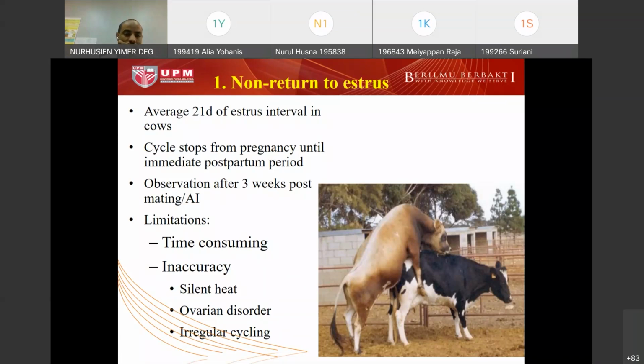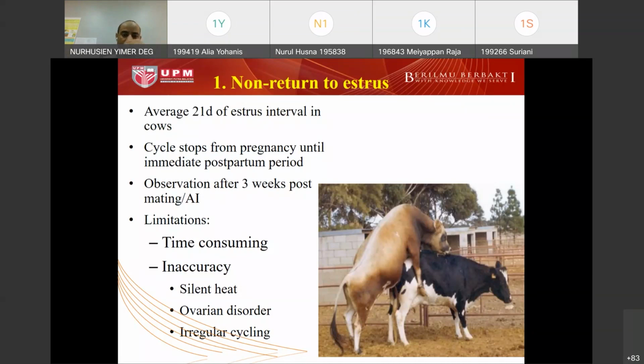So what we can do here is, after you breed the animal, whether it's natural mating or an artificial insemination program, you wait for 21 days. And then after 21 days, if this cow doesn't come back to show heat, we understand that this cow is already pregnant. Because of the pregnancy, there will not be any resumption of another cycle coming back again.